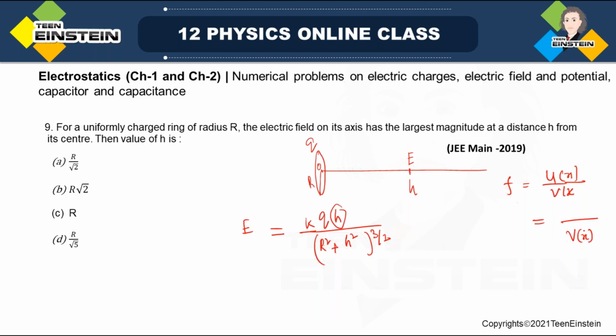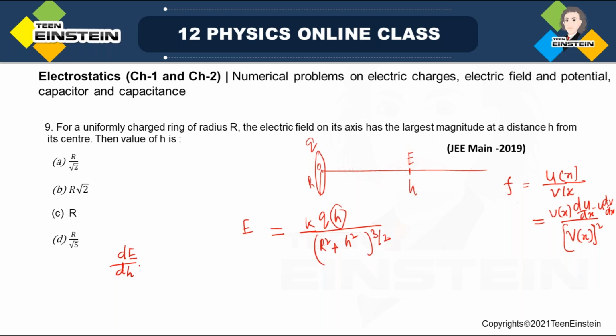It is v of x into du dx minus u into dv dx, all divided by v of x whole square. This is the formula for doing the derivative for u by v functions. Let me start from here so that we can finish it in short space.